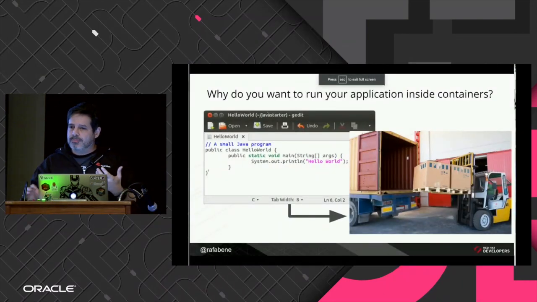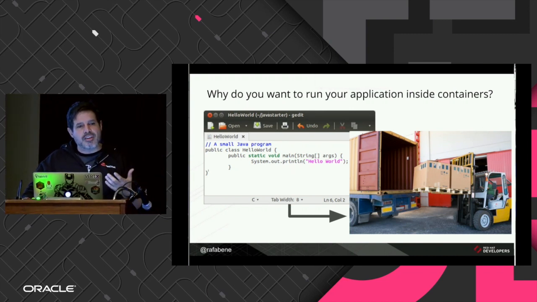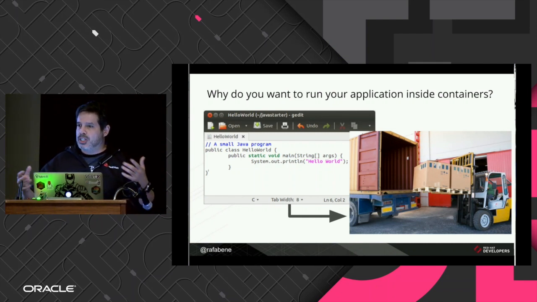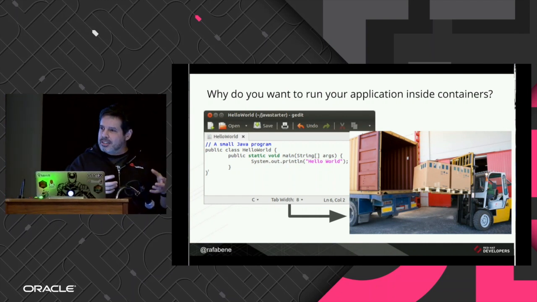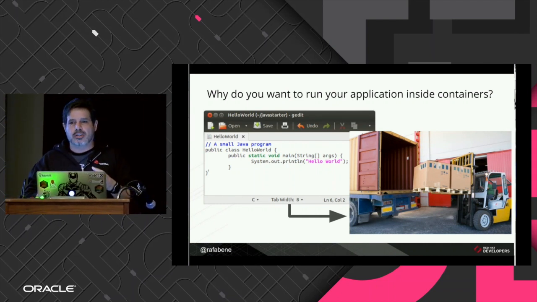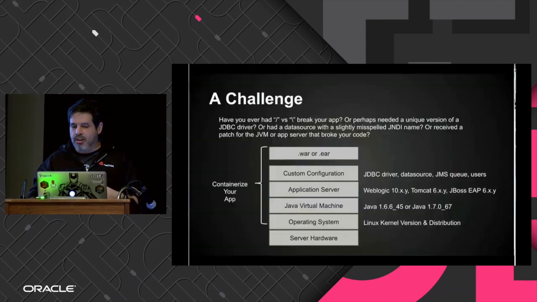So the first question for us who are Java developers: we know that Java is meant to be portable among different machines. So why do we take a Java application and place it inside a container? Is it because it's portable also? Because we can place everything inside, not only the application itself?